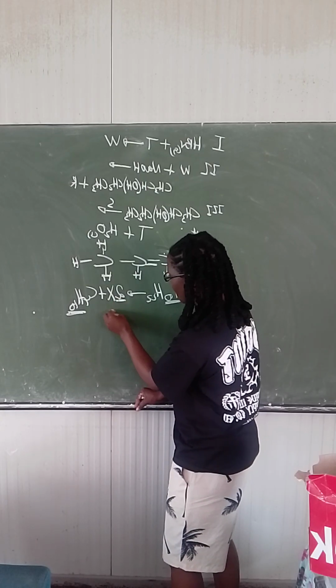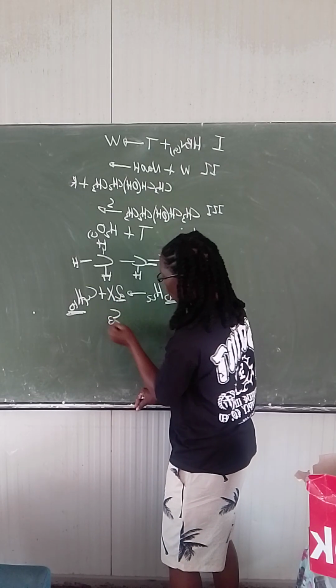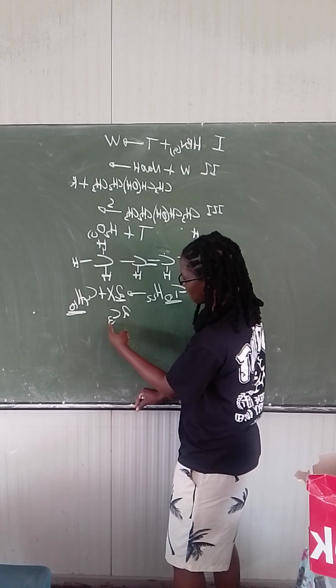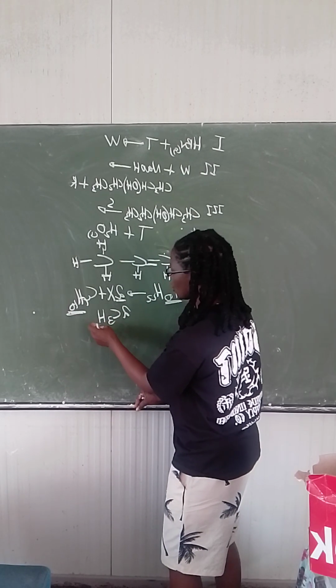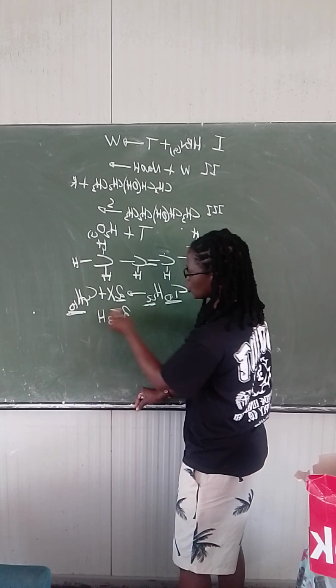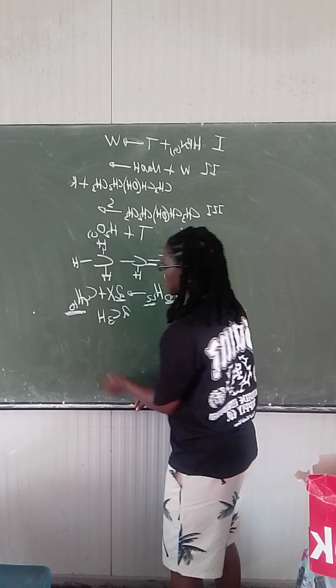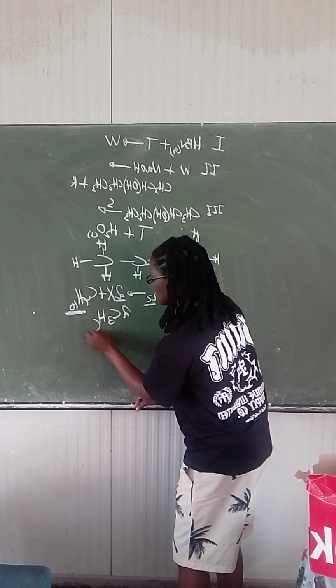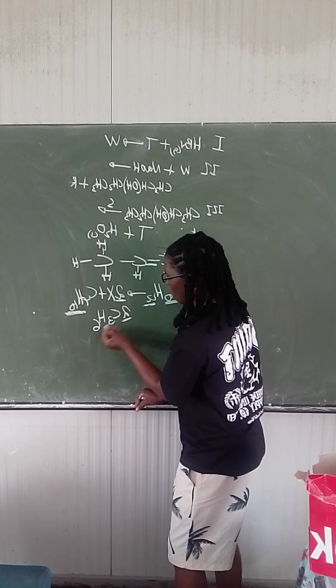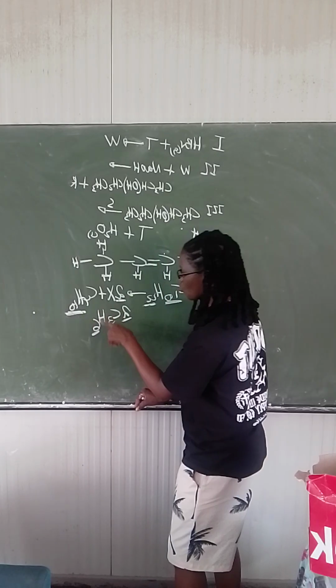So now it means we must have 3 carbons, right? So that 2 multiplied by 3 will give us 6. And then with regards to our hydrogen, we need 22 hydrogen. Already we are catered with 10. 12 is missing. So now it means we must have 6 here so that we can say 2 multiplied by 6 giving us what? 12.